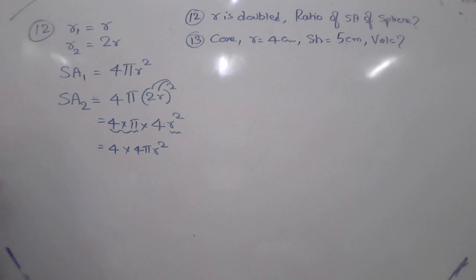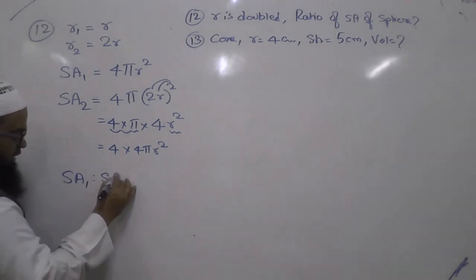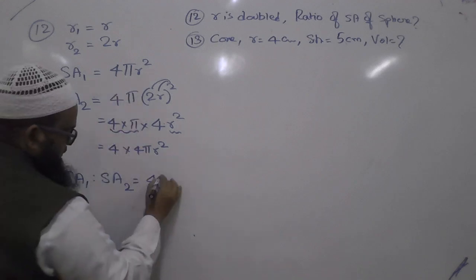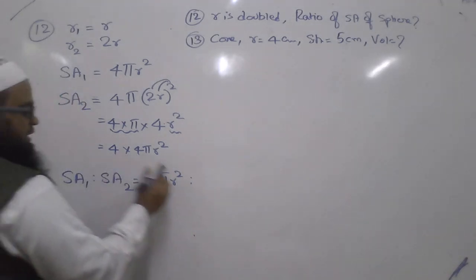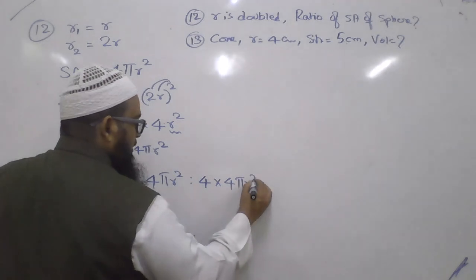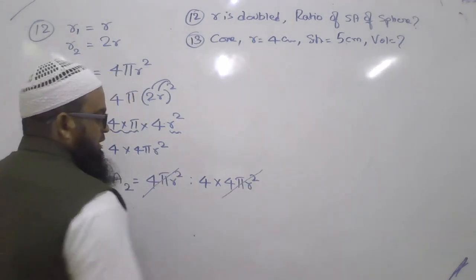Is it right? So now he is asking the ratio of surface area. So what is surface area 1? 4 pi r square. What is surface area of second sphere? 4 times 4 pi r square. Now I can clearly see that 4 pi r square and 4 pi r square get cancelled.